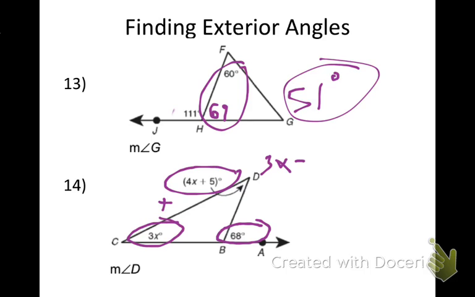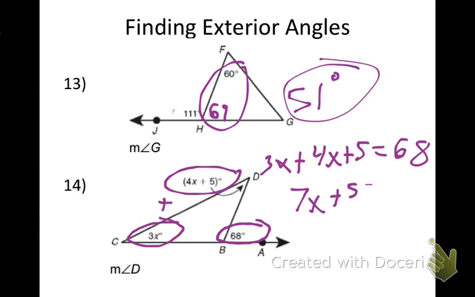So 3x plus 4x plus 5 equals 68. From there, I solve for x. 3x plus 4x is 7x plus 5 equals 68. Subtract 5. 7x equals 63.